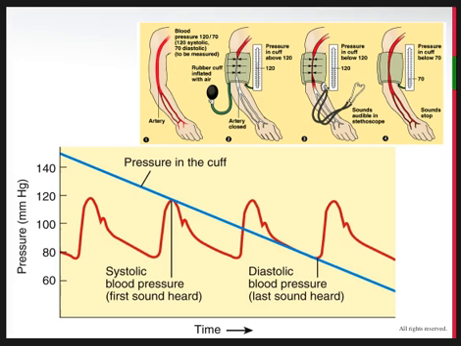That last sound, that point where you last hear a sound, that's the diastolic blood pressure. So remember, we're going to measure the blood pressure in the arteries that's being generated by the left ventricle during systole, and the pressure remaining in the arteries when the ventricle is in diastole.